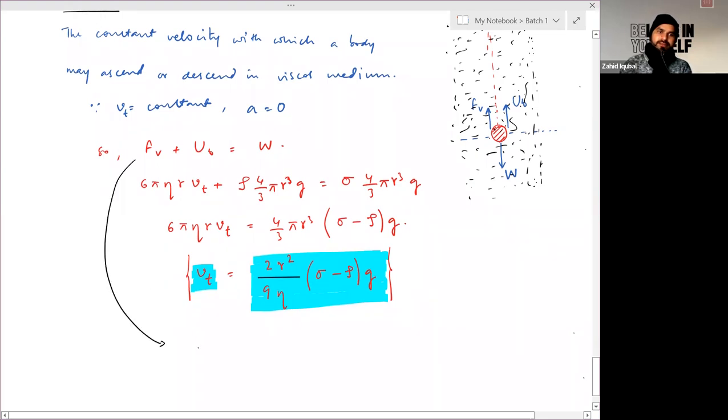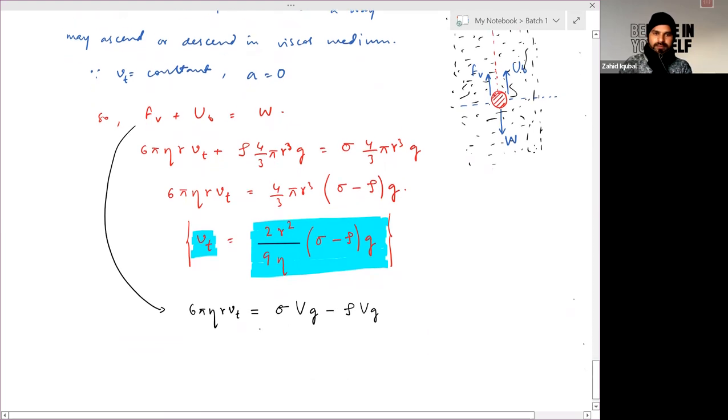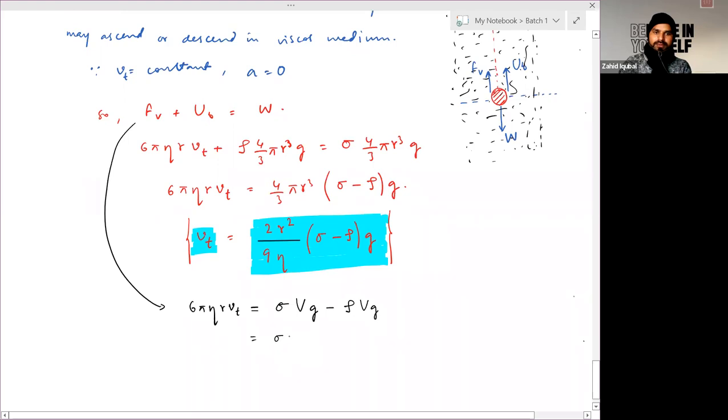You may write this term as 6 pi eta r times terminal velocity equals, moving this term first to the right side, the weight of the object, sigma Vg minus rho Vg. Take out sigma Vg as common, so you're left with 1 minus rho by sigma.